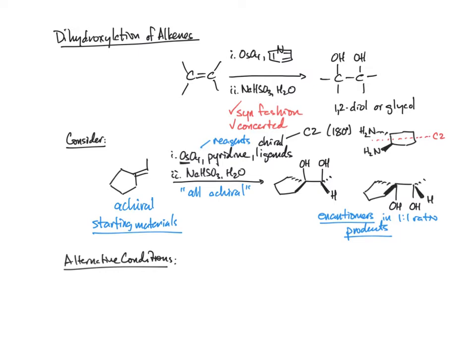So before we move on, I'm going to show you alternative conditions to this that use the following reagents. So I'm just going to be general with the alkene. So there's our alkene. Alternatively, we can use potassium permanganate in the presence of sodium hydroxide and water. So that's the first initial step.